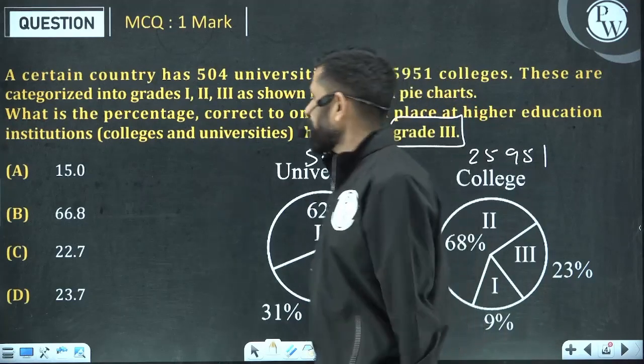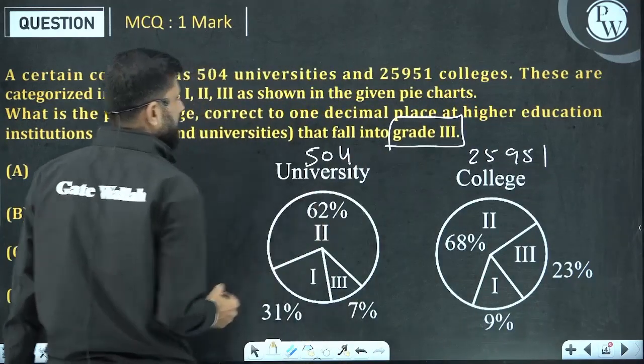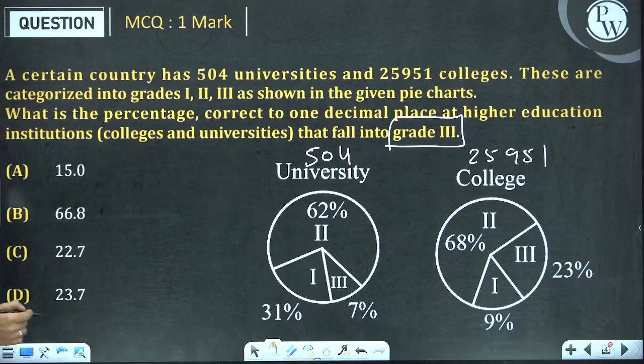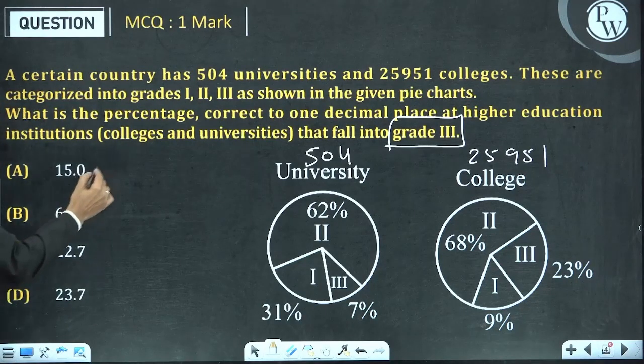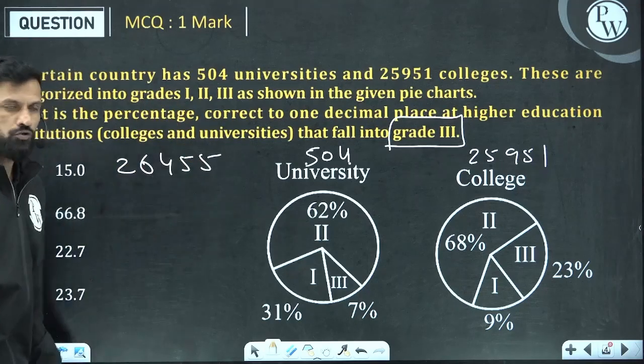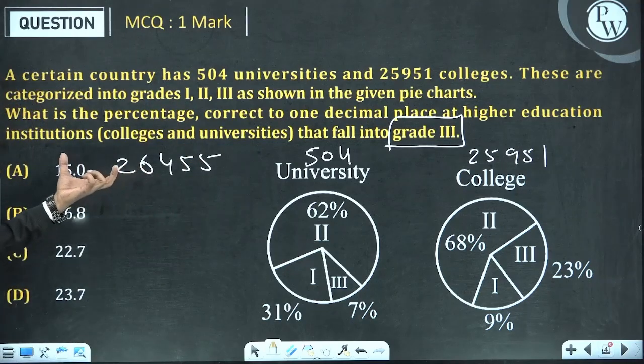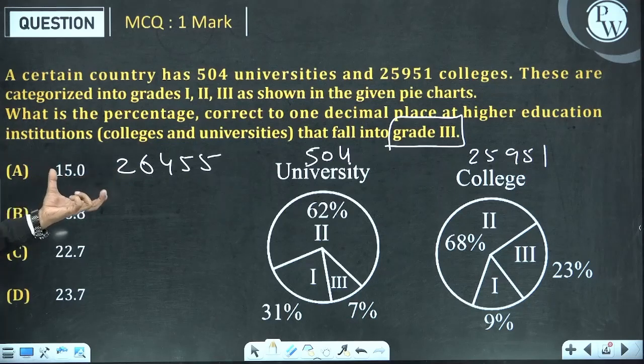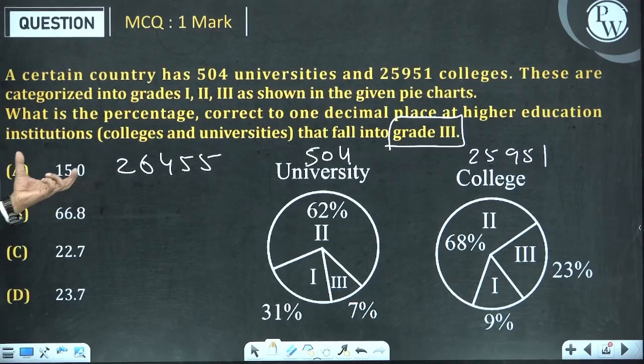So the total number of institutions, if you add 504 and 25,951, you will get 26,455. This is actually the total number of institutions.